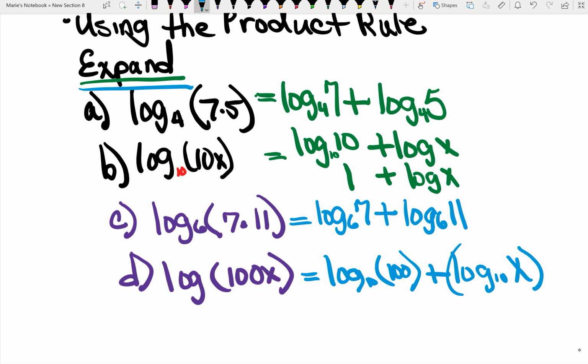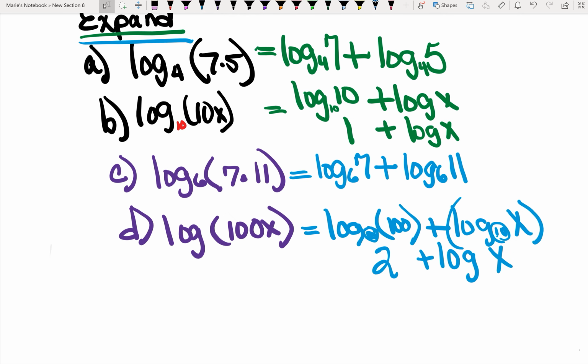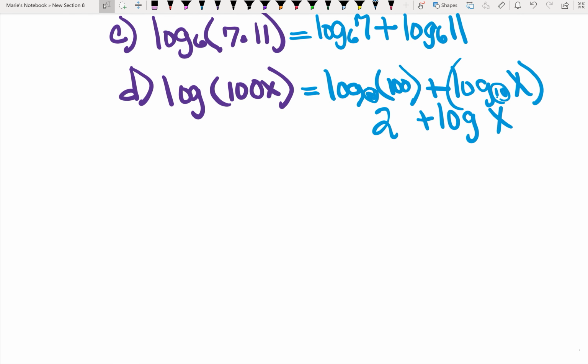And so we know that 10 to the second power will give us 100. So this is actually a 2. This becomes 2 plus log x. And remember, we're assuming that little base 10 is there, so we don't necessarily have to write it. Again, I just wrote it to remind you that there's a little 10 there. All right.